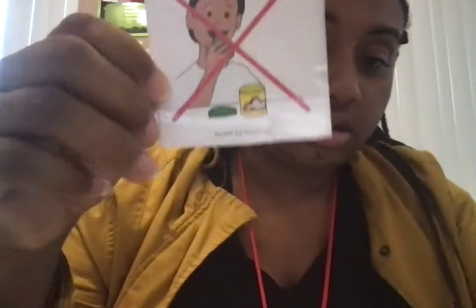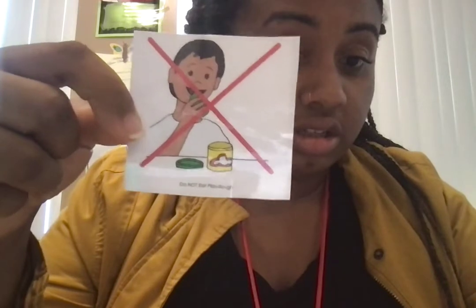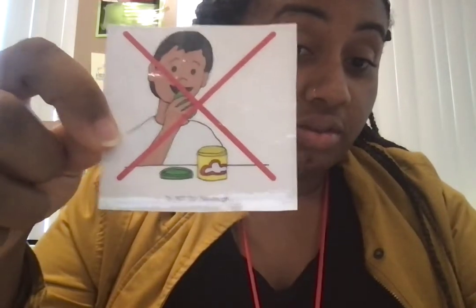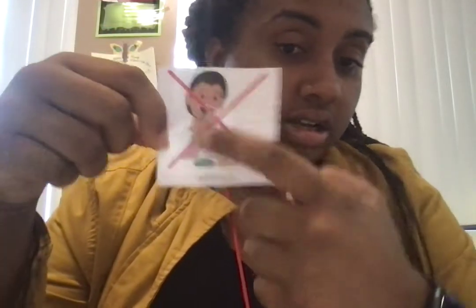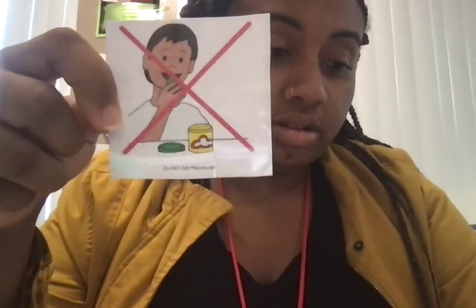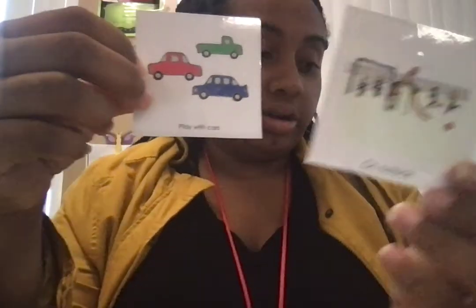Also, they can be used for rules. Like this one says, do not eat the Play-Doh. So I do have younger kids, so this is a much needed one. So this goes in our little Play-Doh area so they know that this is not supposed to be done. So this works really well. There's also different ones for centers or things they want to do, such as play with cars, go outside, play with toys.